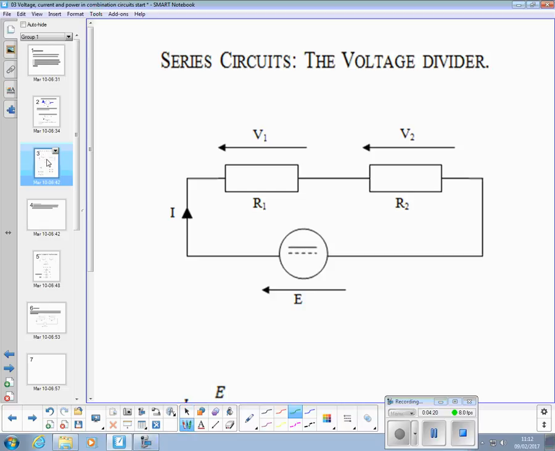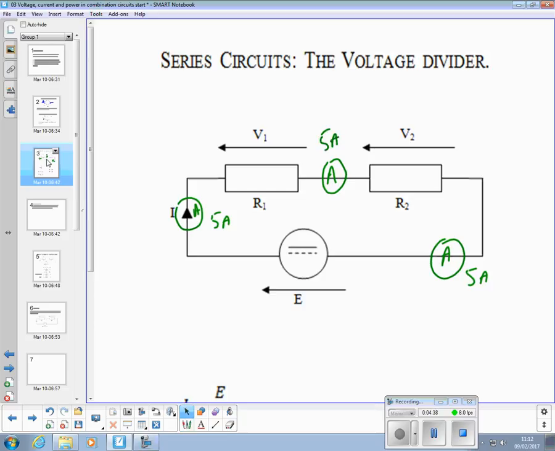If we put an ammeter in there and measured that current, 5 amps, we could equally put an ammeter here, we'd measure 5 amps, and an ammeter there, we'd also measure 5 amps. There's only one current around that one loop. So in an all-series circuit, all the components have the same current flowing through them because there aren't any leaks.